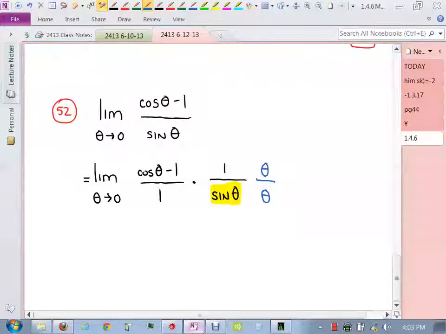However, I know I can slide this one over here. Remember there were two formulas you needed to know? Wasn't the other formula cosine theta minus 1 over theta, or cosine x minus 1 over x? So can I just slide that theta underneath this?